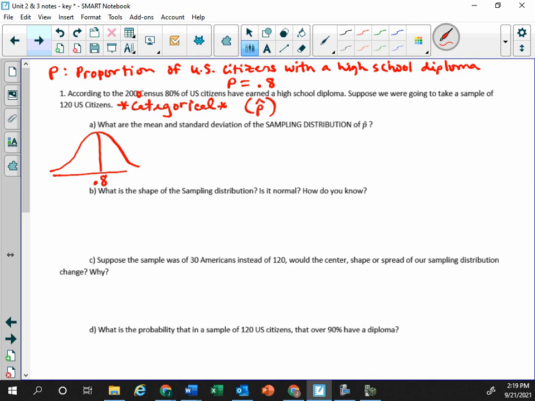Okay, our formulas from the last slide: remember mu of p-hat, what did that equal? You can look back if you need to. It equals p, which in this case is 0.8. And then what about sigma of p-hat? What's the formula for that?